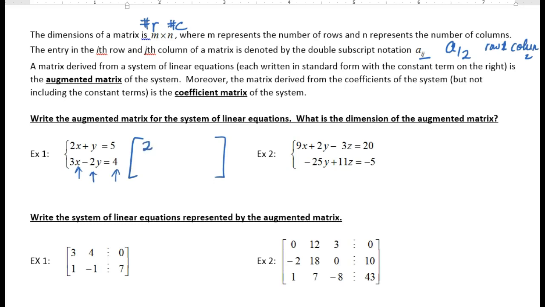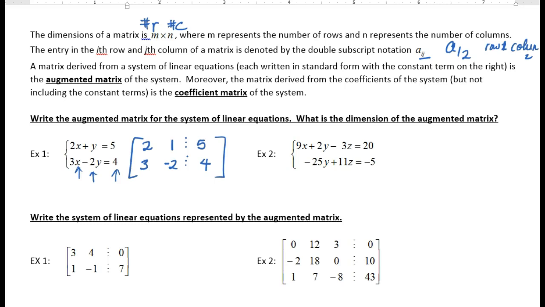So I say 2, the coefficient of y is 1, and the constant is 5. So on the second row, I do 3, -2, and 4. Now, instead of an equal sign in here, we put 3 dots. Okay, and that's just a clue that that's what the constant is in the system of equations.